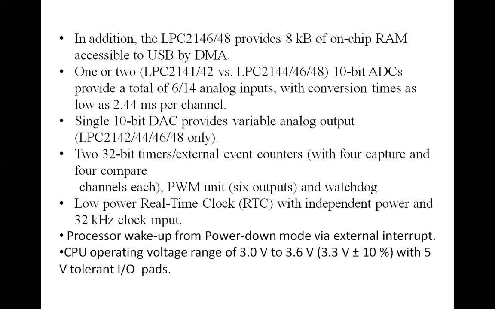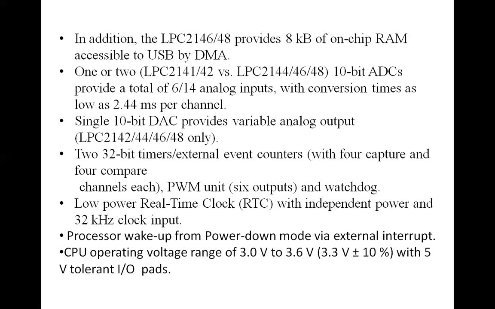It has a low power real-time clock with independent power and about 32 kilohertz clock input. It has processor wake up from power down mode via external interrupt. The CPU operating voltage range is between 3.0 volt and about 3.6 volt.